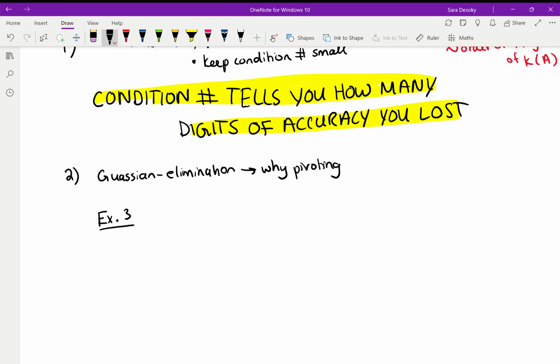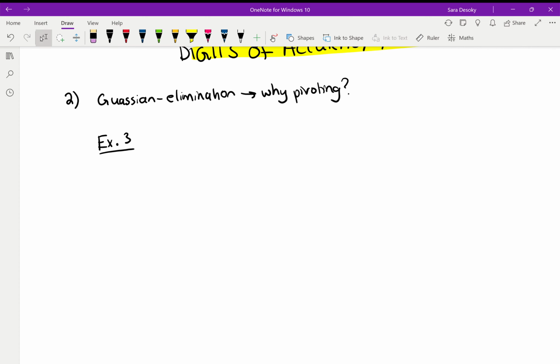Let's do an example. The question says: solve using 3 significant decimal digits of arithmetic at each stage using Gaussian elimination, A without pivoting, B with pivoting.